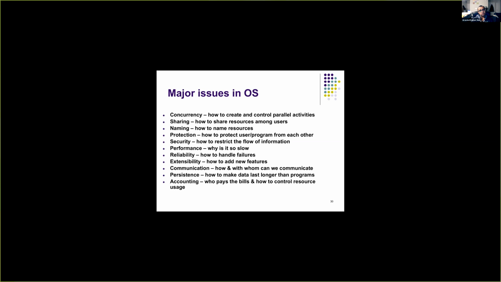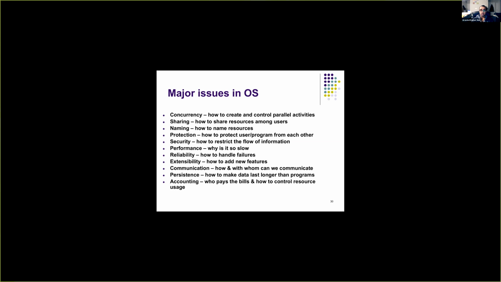And in this course, we'll be looking at various design principles in operating system, which are fixed irrespective of the other things that keep on evolving. There are few things that are fixed in operating system that it has to take care of, like concurrency, protection, security, performance, reliability.